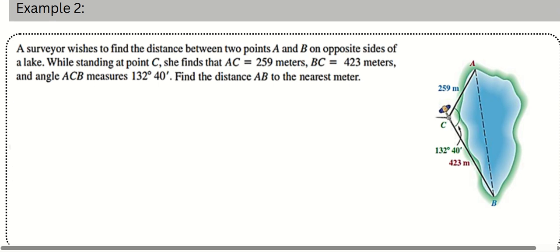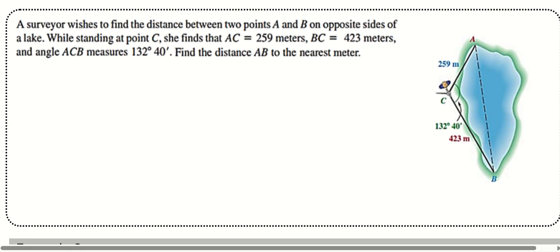Here's example 2. It says the surveyor wishes to find the distance between 2 points A and B. So we're looking to find this distance on opposite sides of a lake while standing at point C. She finds the measure of AC, which is 259 meters, and the measure of BC happens to be 423 meters.